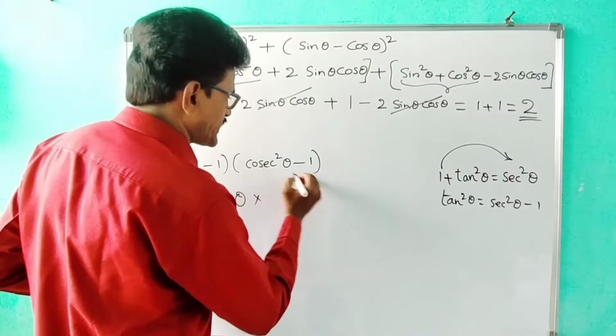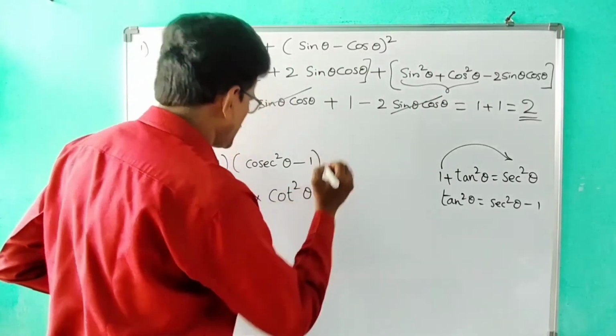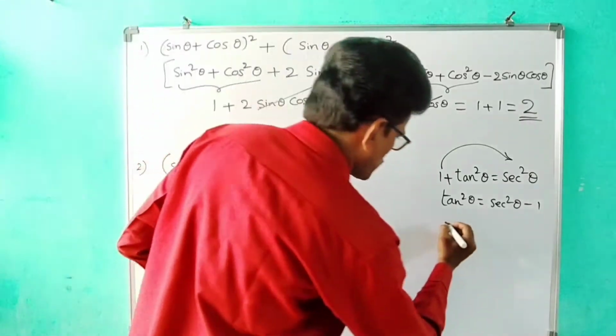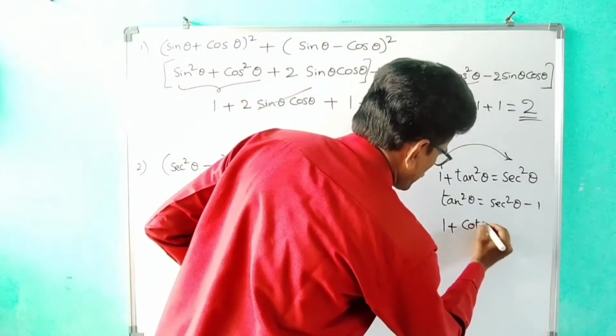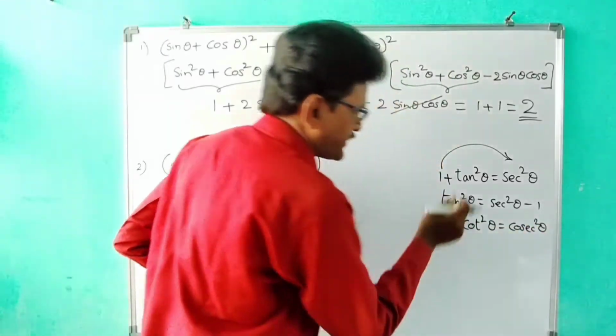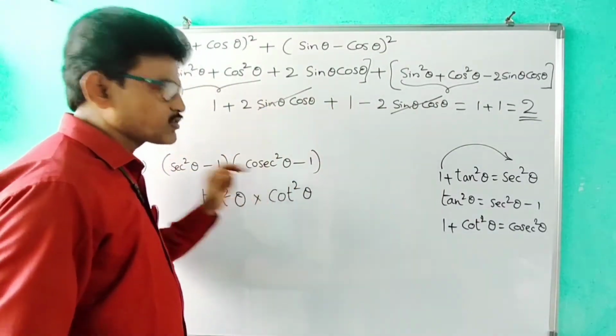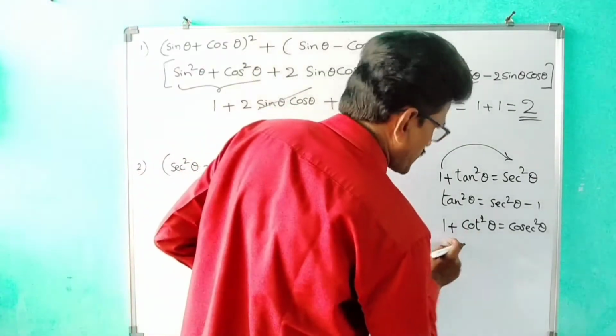Now what is cosecant square theta minus 1? It is cot square theta. How is it cot square theta? There is one more identity: 1 plus cot square theta is cosecant square theta. Here cosecant square theta minus 1 is there, so here also you send 1 to the right side.